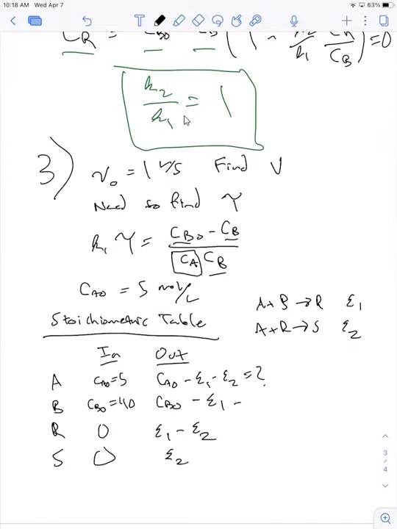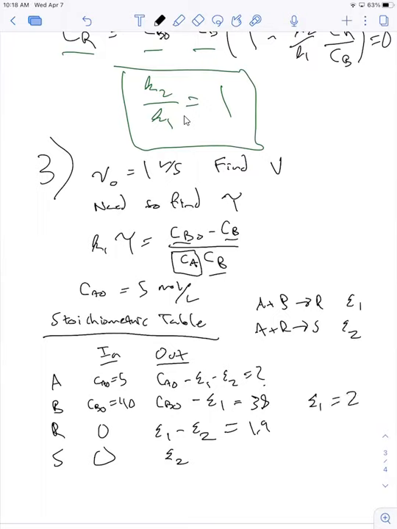CB, we have this equals 38. And then we're also given CR, so this equals 1.9. Using this, we have two equations and two unknowns. Our extent 1 is going to, because CB naught is 40, just equal 2.